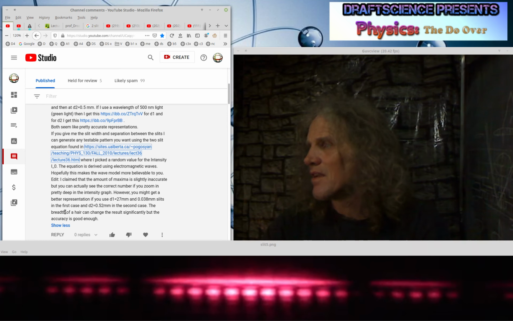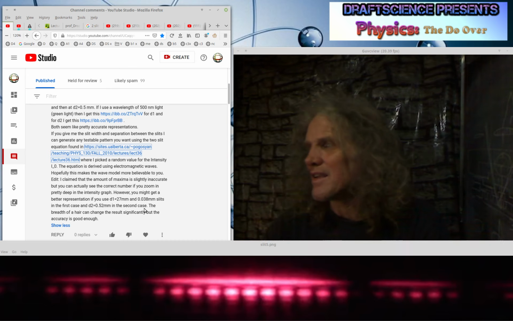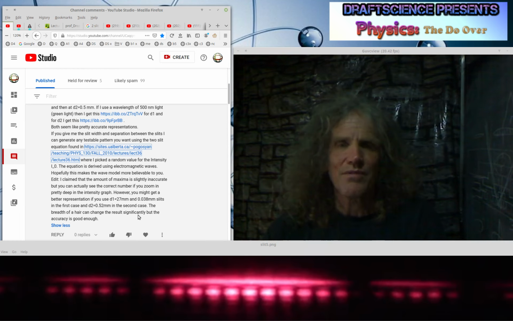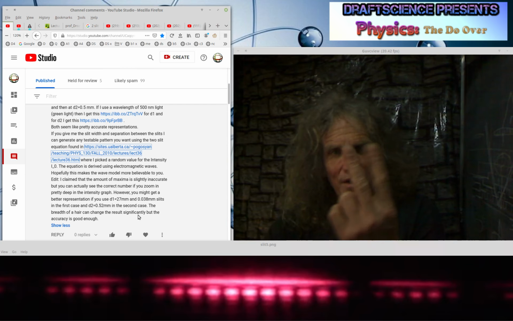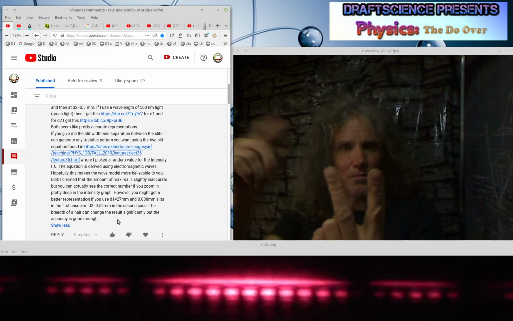Anyway, slits. In the first case and 52 millimeter in the second case, the breadth of the hair can change the results significantly. Yes, that's why a diffraction grating works. It's because literally there's 200 lines in the beam of the laser, 200 or more.